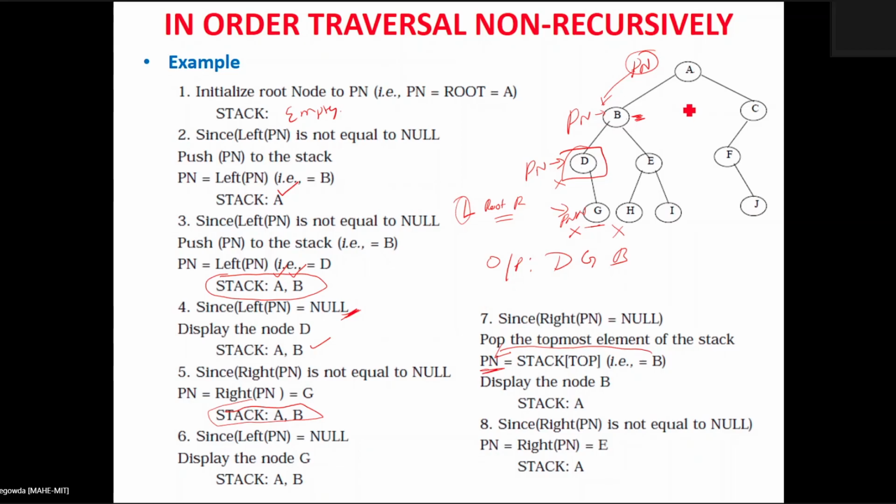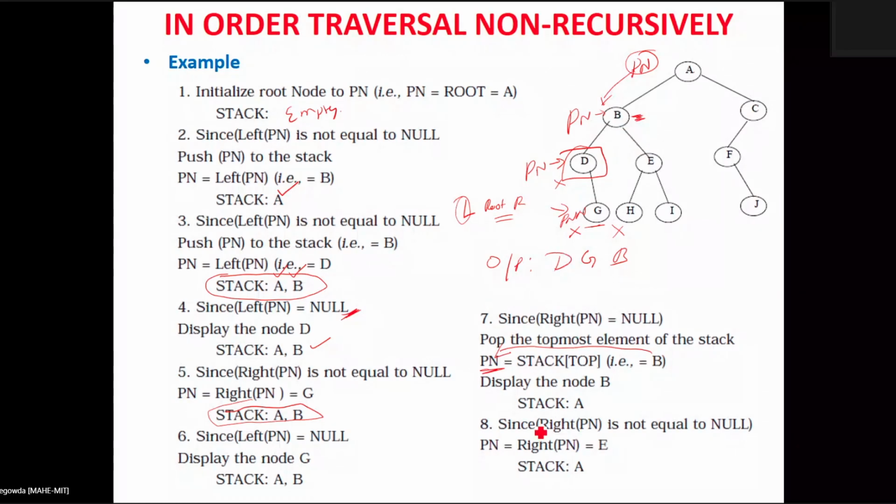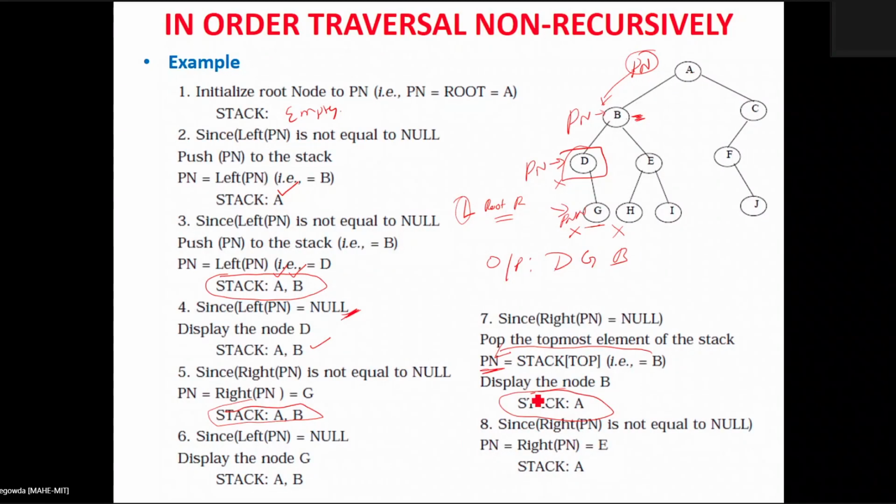After displaying the B value, if you look at the status of the stack, it will have only the address of A. Next, right of Pn is not equal to null. You have to check whether the right subtree for the B node is empty or not. It is not empty.